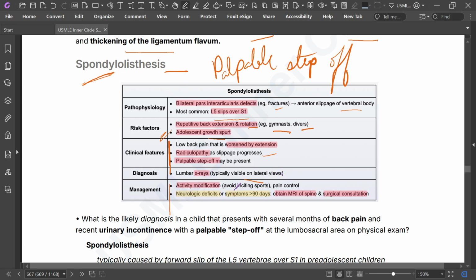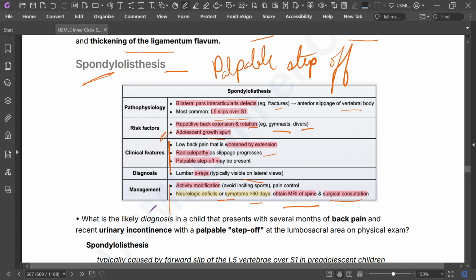Management is activity modification, avoiding inciting sports, and pain control. If there are neurologic deficits or symptoms for more than 90 days, obtain an MRI or a surgical consultation.